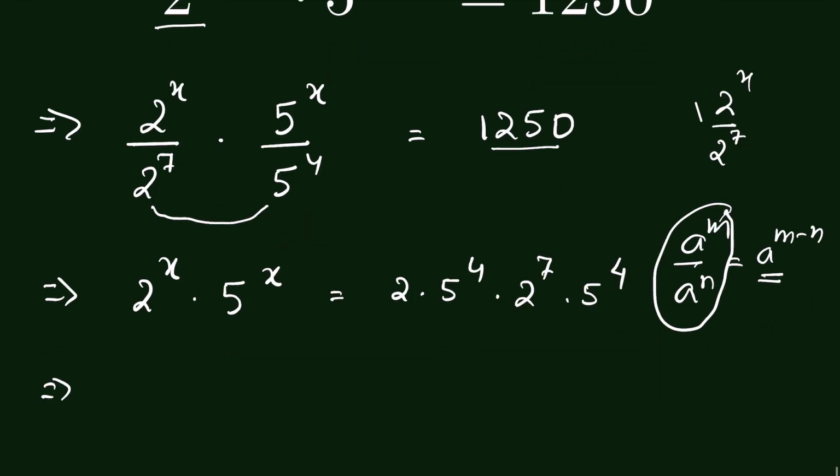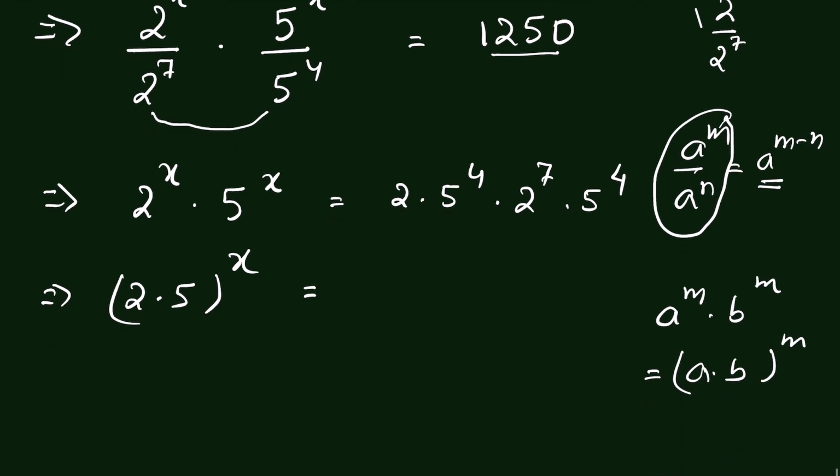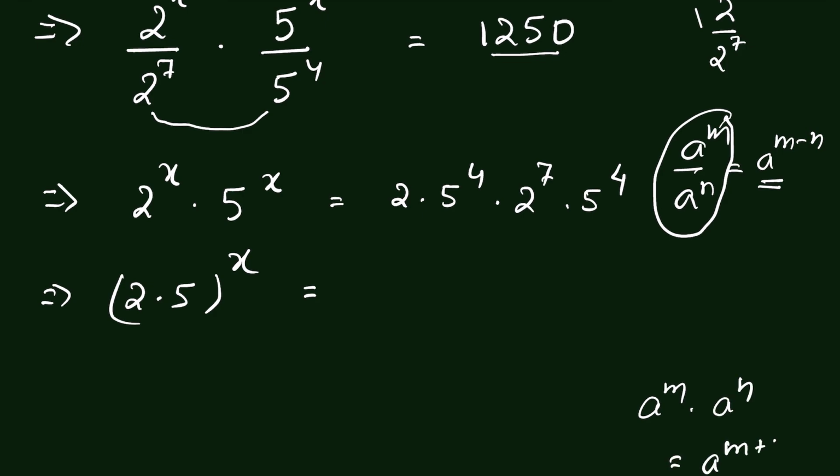Again, when a to the power m times b to the power m, we can also write it as a times b whole to the power m. So we can write it as 2 times 5 whole to the power x. And on this side, we can use the identity a to the power m times a to the power n is equal to a to the power m plus n.